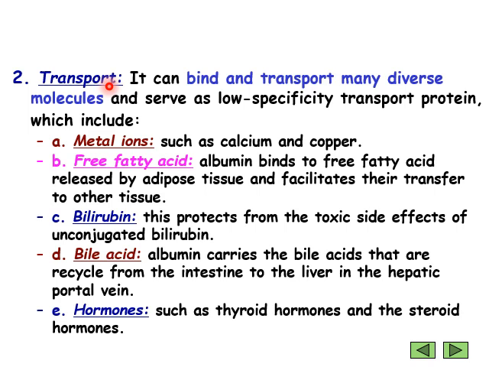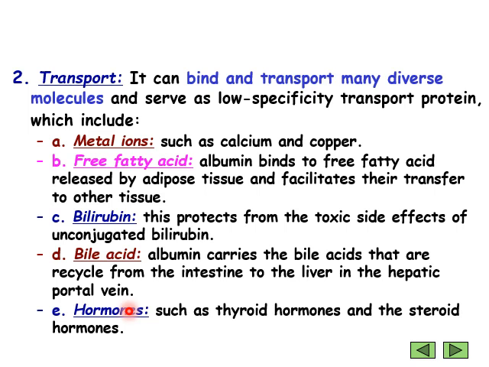The plasma is all water, so the water soluble molecules can easily travel, but the lipid soluble molecules need to bind with some proteins, and those are the plasma proteins. But which plasma protein mainly transports? That is the globulin. But albumin also binds with some substances, like metal ions, free fatty acids, bilirubin, bile acids, and hormones.